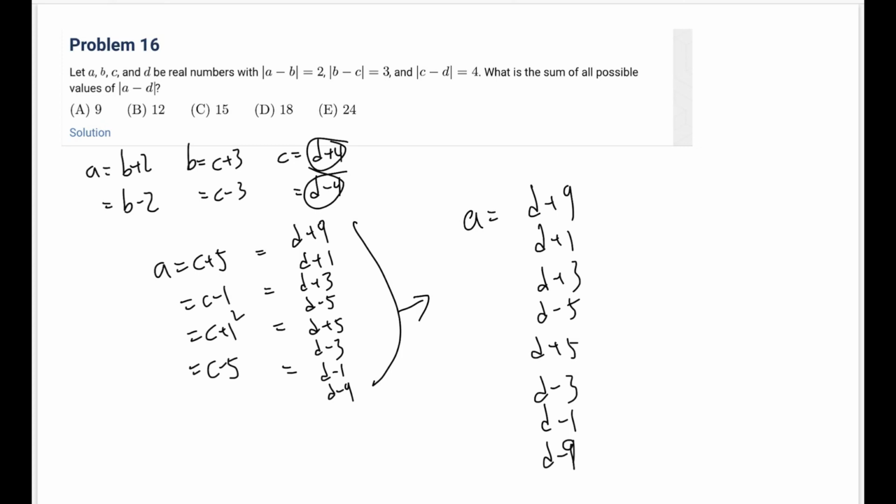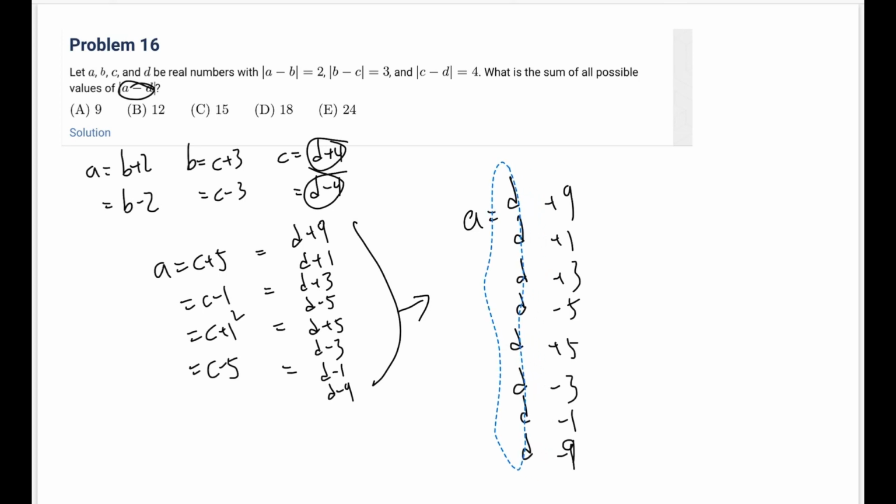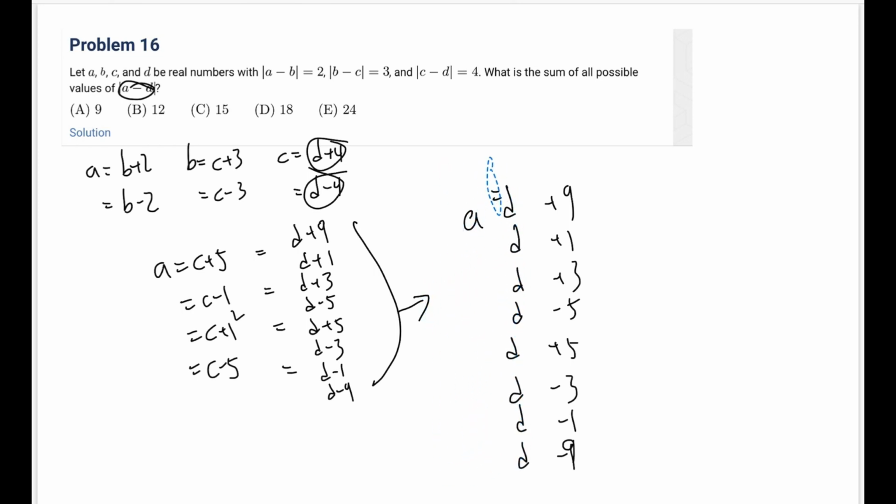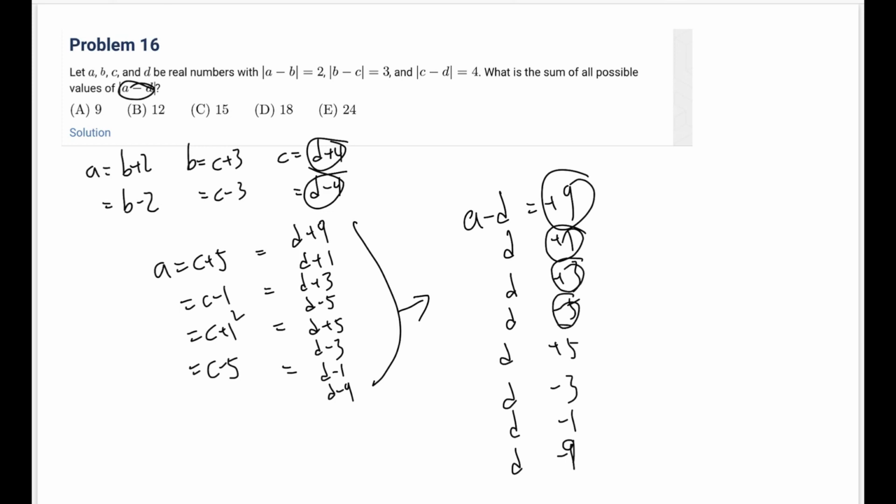But then, what we want is the absolute value of A minus D, right? So if we move all these D's onto the other side of the equal sign, these would all come here, and then it would become minus, right? So A minus D equals this, or this, right? But then it might look like there are 8 values, but we have the absolute value sign, right?